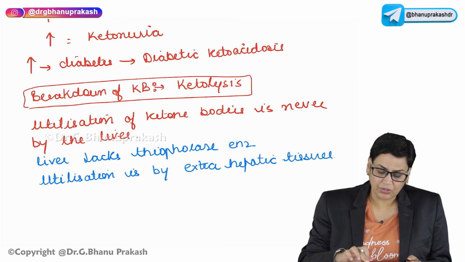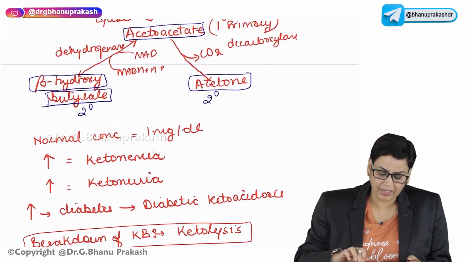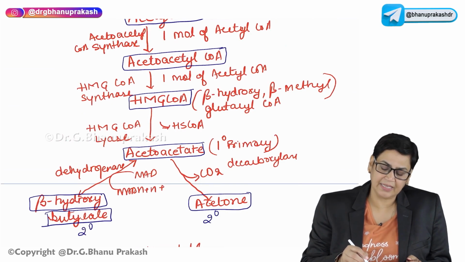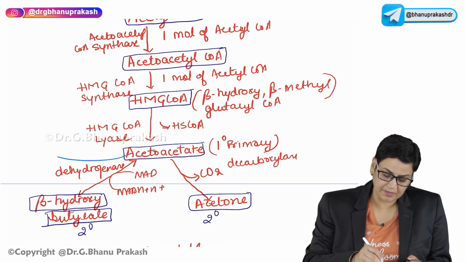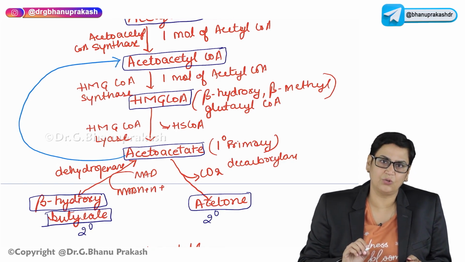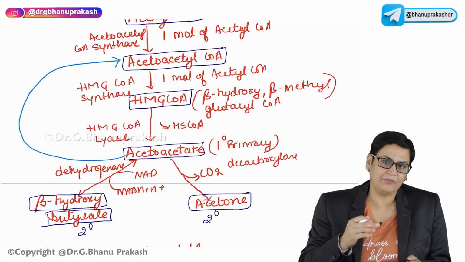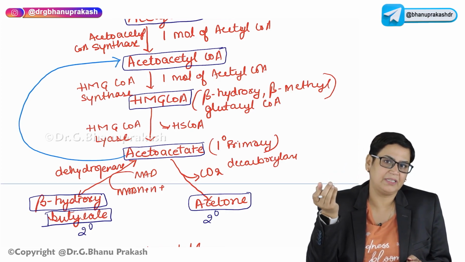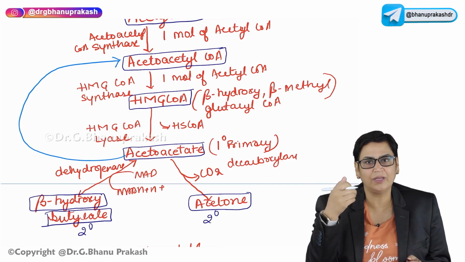And if we look at ketolysis, this is how it occurs. This acetoacetate will be converted into acetoacetyl-CoA. Now see, what is the basic difference between acetoacetyl-CoA and acetoacetate?